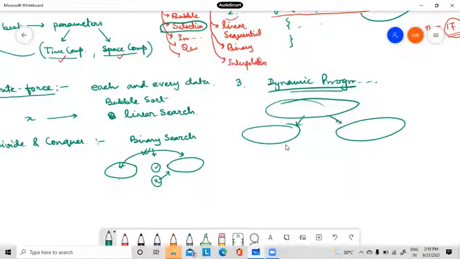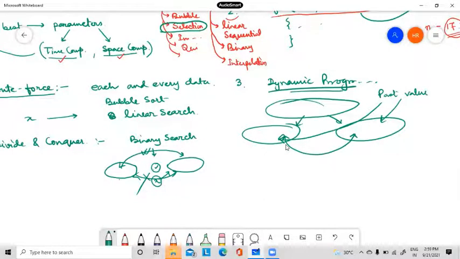I have divided it into two smaller parts, but there is some relation or dependency between these two parts. But in divide and conquer, there is no relation, no dependency between these two parts. In dynamic programming, there is a dependency. Some past value will be required in both cases. That's why there is some dependency. Then it is called dynamic programming.